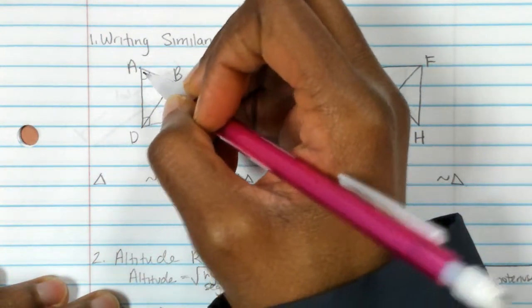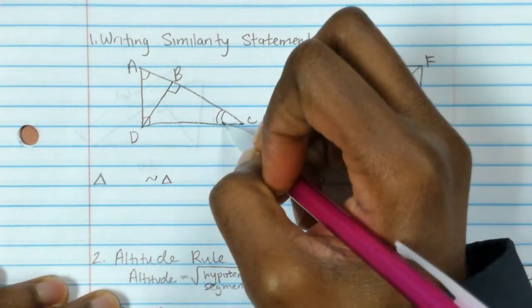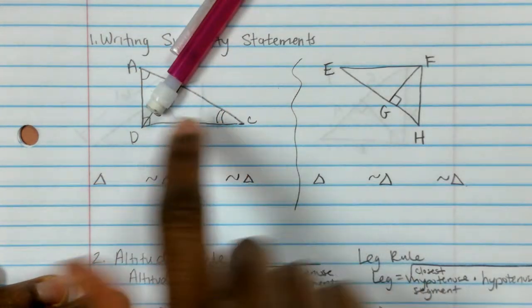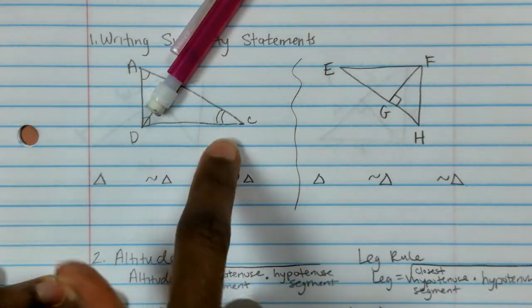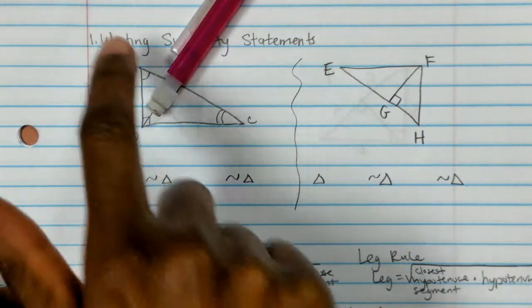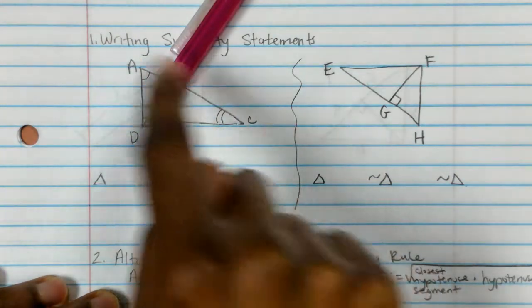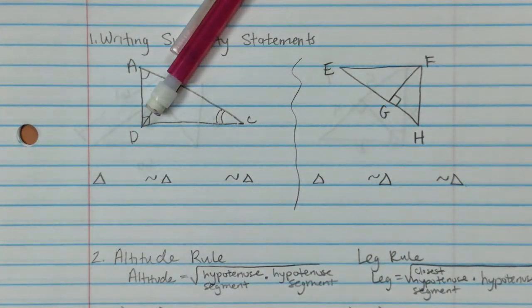So I put 1 in A and 2 in C. Now it doesn't matter if I put 2 in C or if I had put 2 in A and then 1 in C. As long as these have different amounts of angle bends, that way I can distinguish on the big triangle, as you can see there, which 2 angles are different. So I need to have 2 different markings for the 3 different angles in the triangle.